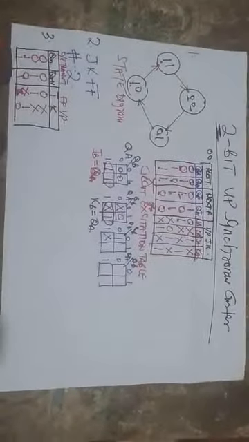Now let's do for the next column, that is JA. So we have 0, 0 is equal to 1. Then we have 0, 1 is equal to don't care. And then we have 1, 0 is equal to 1, and then finally 1, 1 is equal to don't care.